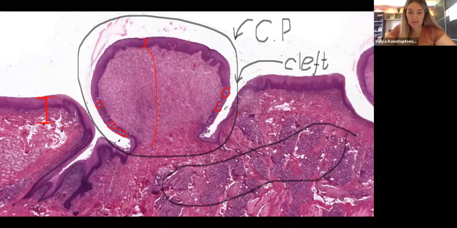This is the cleft. This is the serous von Ebner's glands. They secrete the clear looking fluid to clear this particular area. These are the ducts of the von Ebner's glands. So acini and ducts; you can see that the ducts look different.